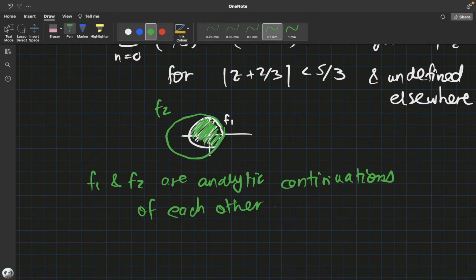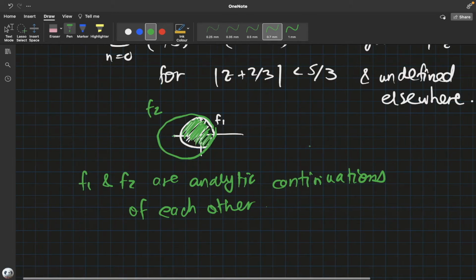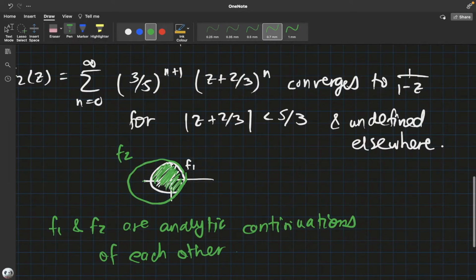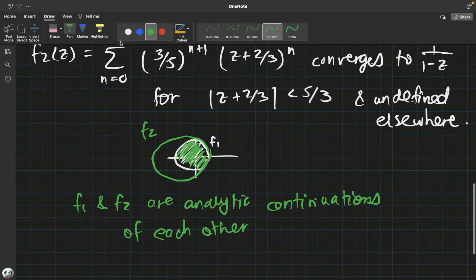But since f1 and f2 share this common convergence value in a region of convergence they share, by the theorem above, we can extend f1 into f2. So now the region of convergence of f1, by analytic continuation, is this entire thing, because they share a value in the common region.